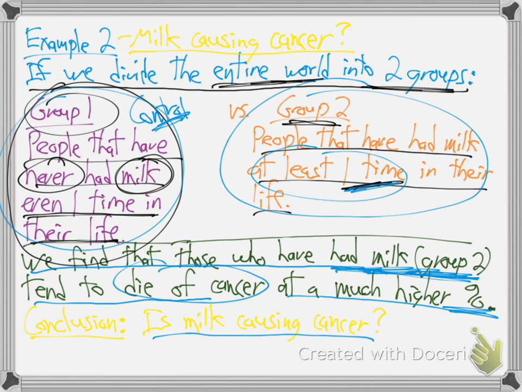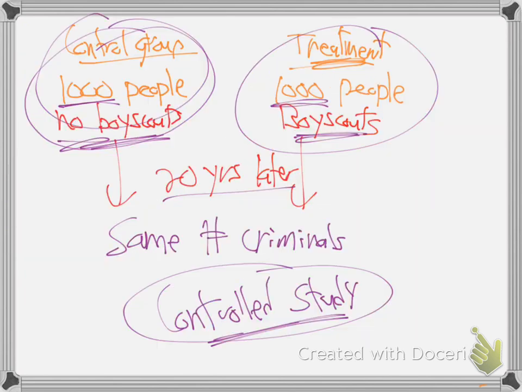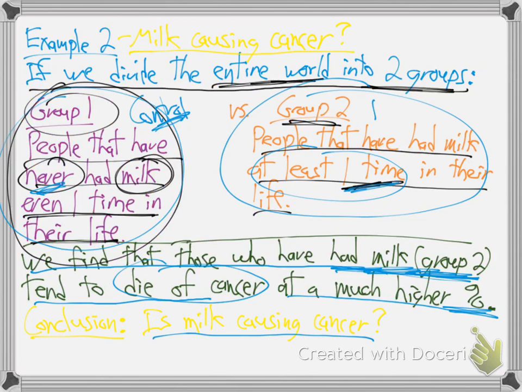They never had milk, right? Like over here, the control group, that no Boy Scout training. So isn't this the control group and this the treatment group? They got the milk. And I'm telling you, the treatment group dies of cancer at a much higher rate than the control group. In fact, almost nobody dies of cancer in the control group, the group that never had milk.